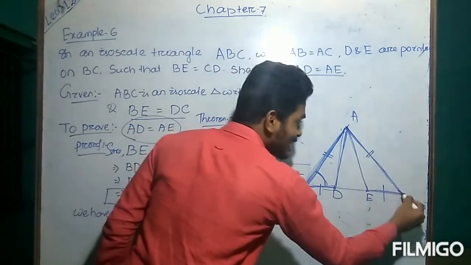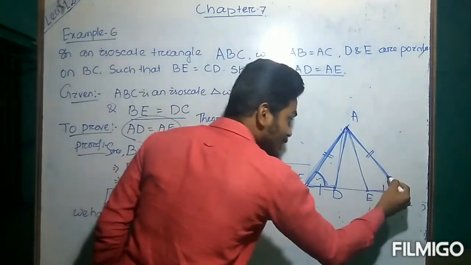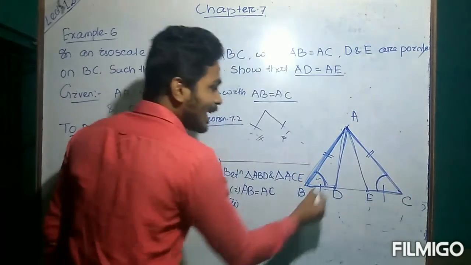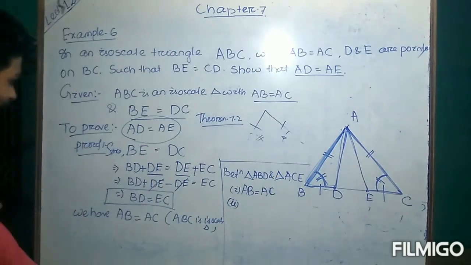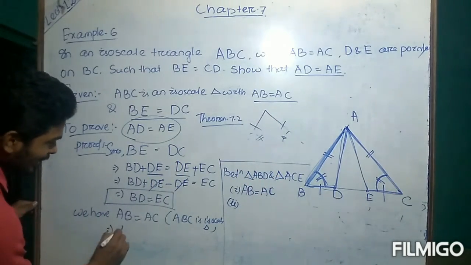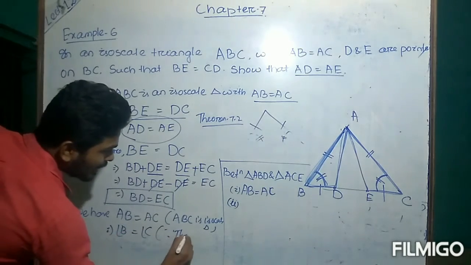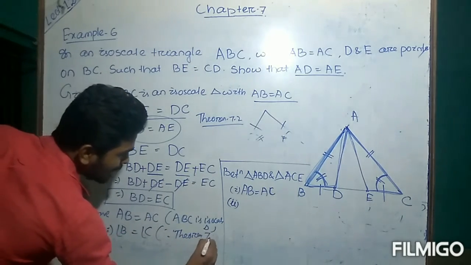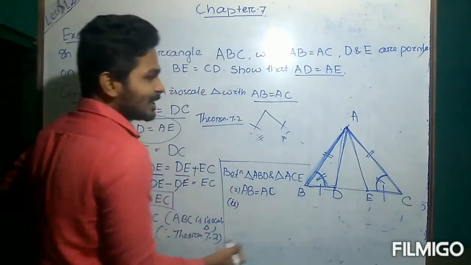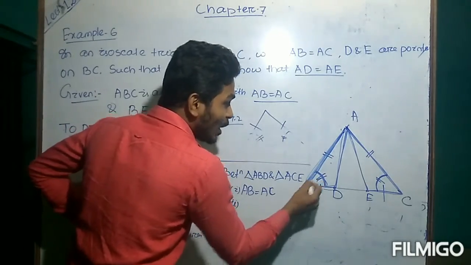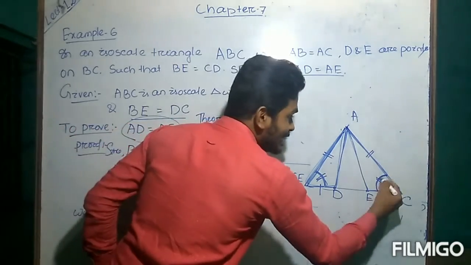If AC is the side, then its opposite angle is this angle, and if AB is a side, its opposite angle is this angle. Then can we write this angle is equal to this angle? Yes, we can write. So angle B is equal to angle C. Why? Due to theorem 7.2.